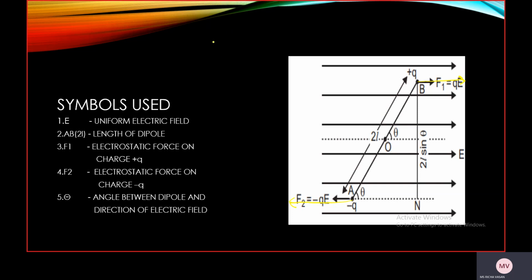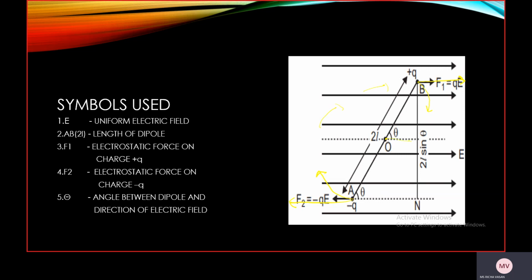And you have already studied about couple in class 11th. When a couple is formed, these electrostatic forces will produce a rotational effect in the dipole. What does this mean? This means that the dipole starts rotating like this, like a wheel. The dipole will be stationary at its position.